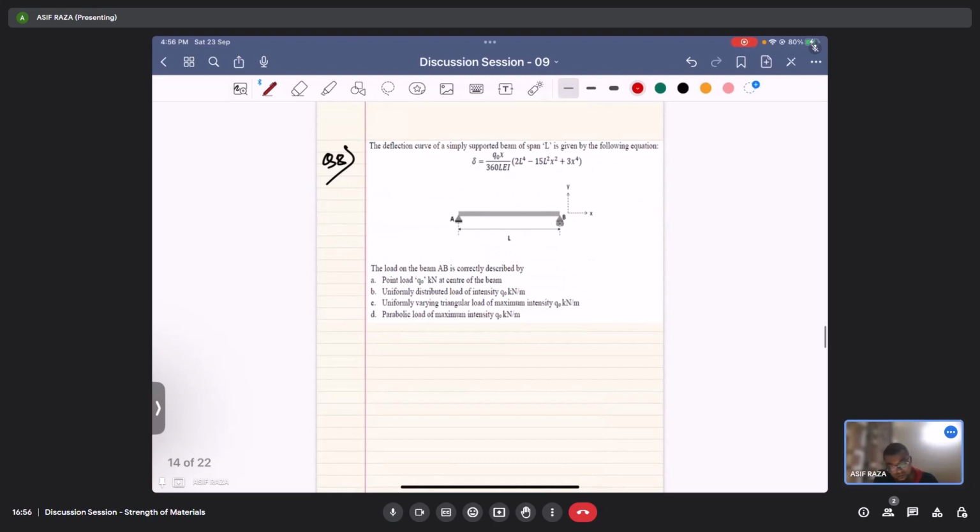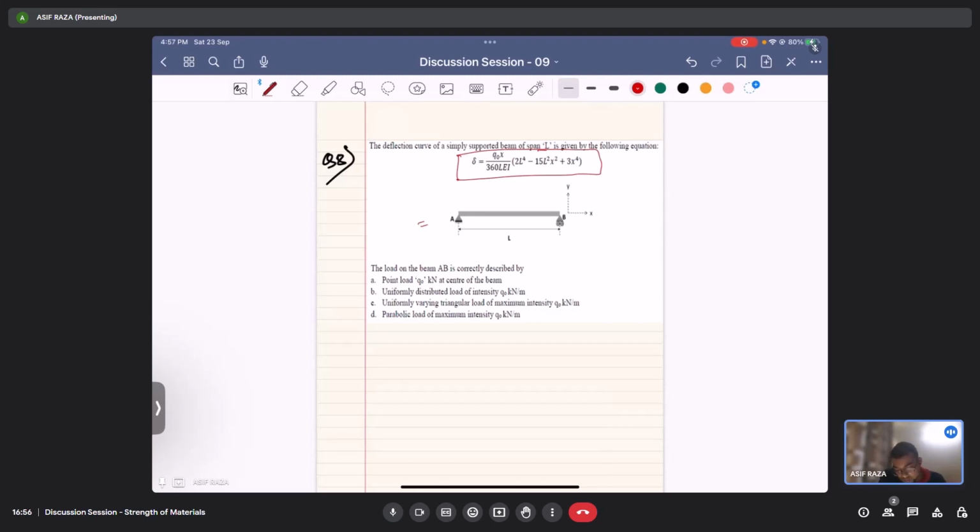So this is also a good question. The deflection curve of a simply supported beam of span L is given by the following equation, with x as the longitudinal direction and y as the transverse direction.